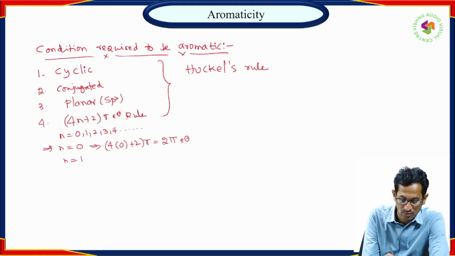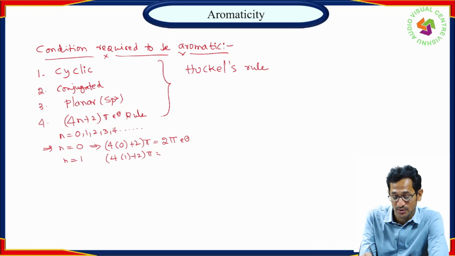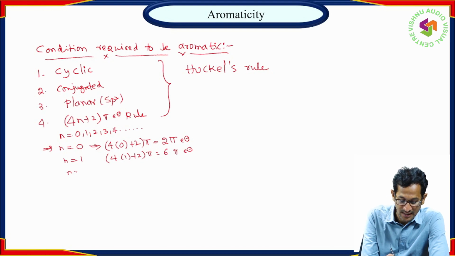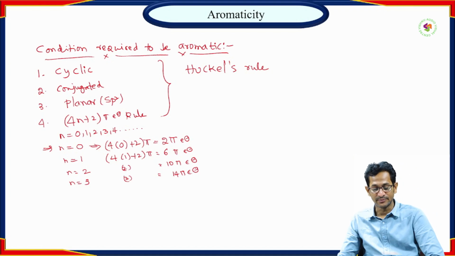If n is equal to 1, then 4 into 1 plus 2 pi electrons gives 6 pi electrons. Then n is equal to 2, substituting 2 here gives 10 pi electrons. If n is equal to 3, it gives 14 pi electrons, and so on.